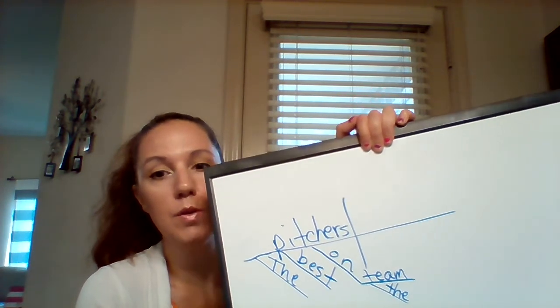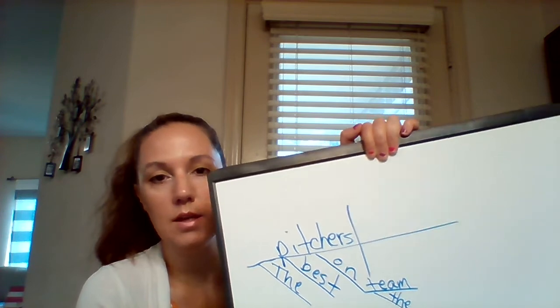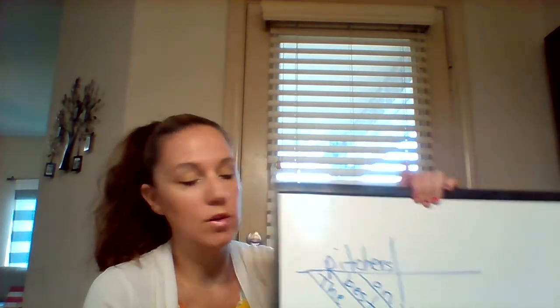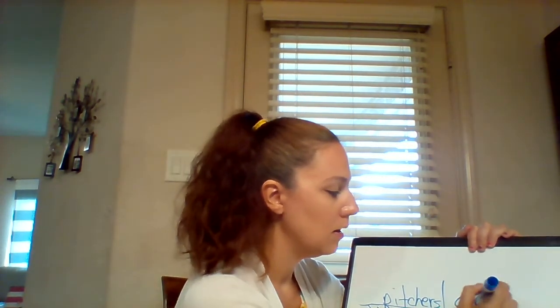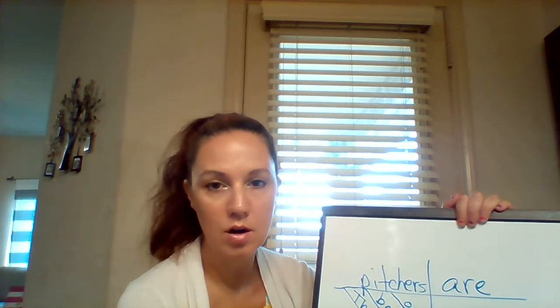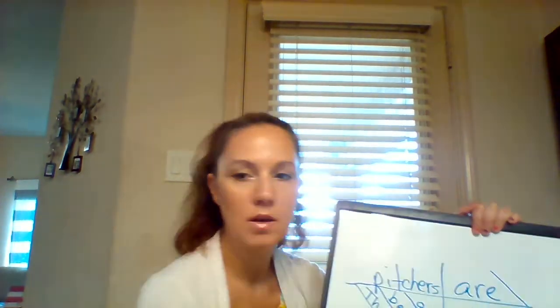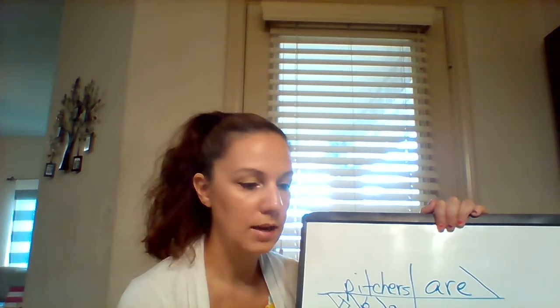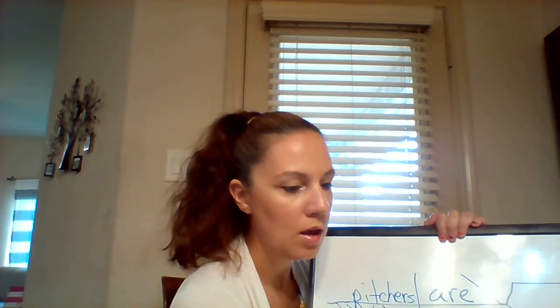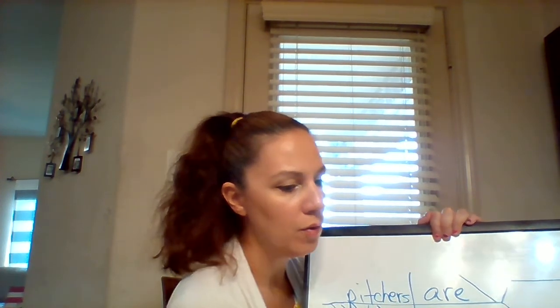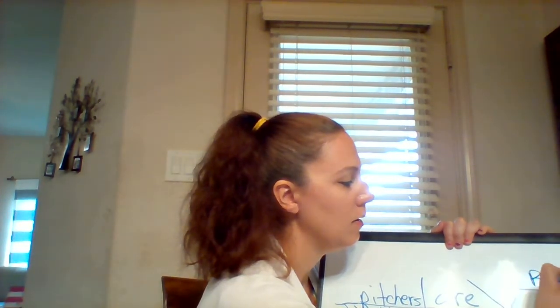So that's kind of crunched together, but you can see all those things are describing the pitchers. The pitchers, best pitchers, and on the team, pitchers on the team, are all describing pitchers, so they have to go below that. Now, my predicate is are. Does it make sense to just say pitchers are? No, it doesn't. So I have to keep going. I'm going to add a subject complement, which is where you put a slanty line. Okay, and I have two. So I'm going to split them apart. Okay, so the best pitchers on the team are Rosalind and Lillian.